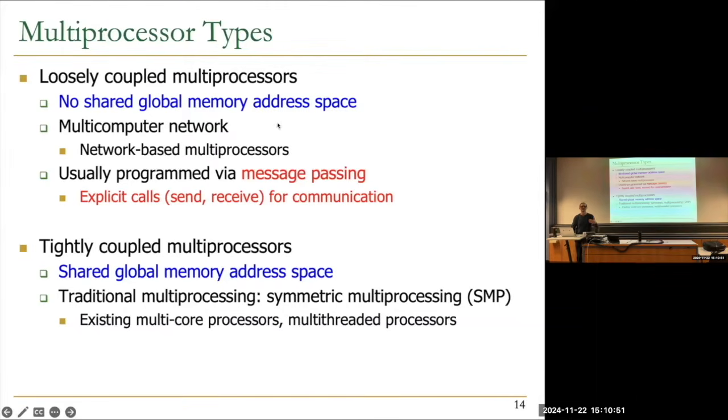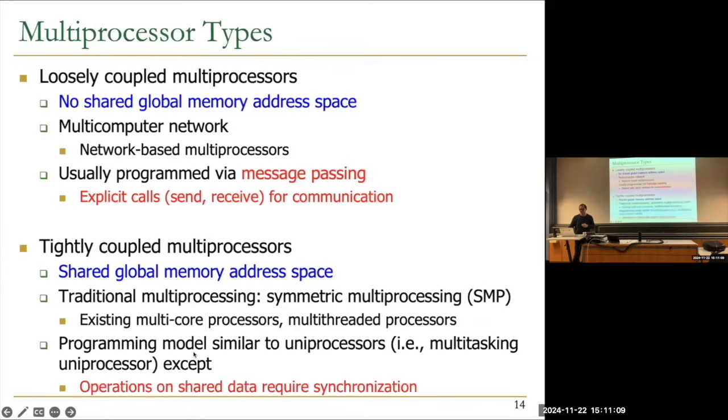That's why I say usually. Of course, if you program this assuming a global memory address space programming model, there's going to be some overhead to translate all of that to the underlying communication model, which has no global memory address space. Okay, so for tightly coupled multiprocessors, the programming model is similar to uniprocessors, again in general, meaning you assume loads and stores, and different tasks communicate with each other using loads and stores.